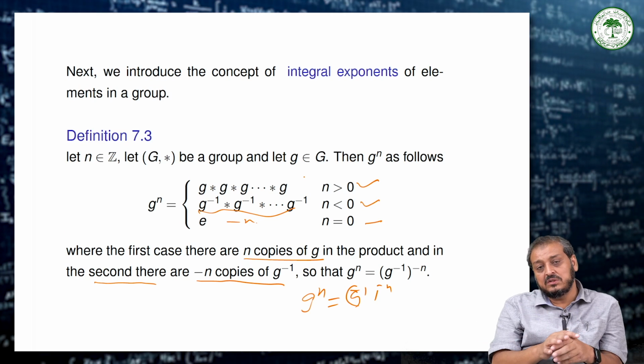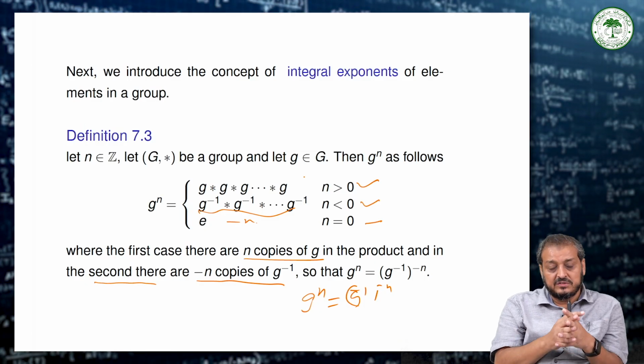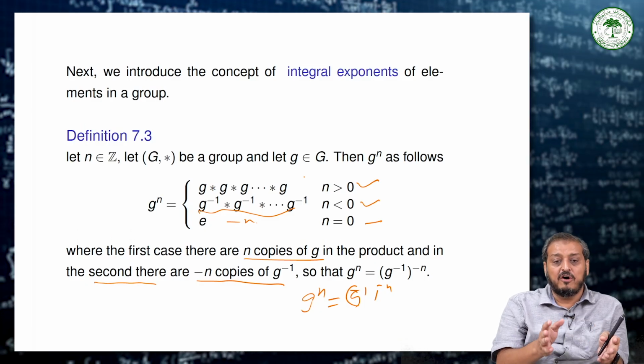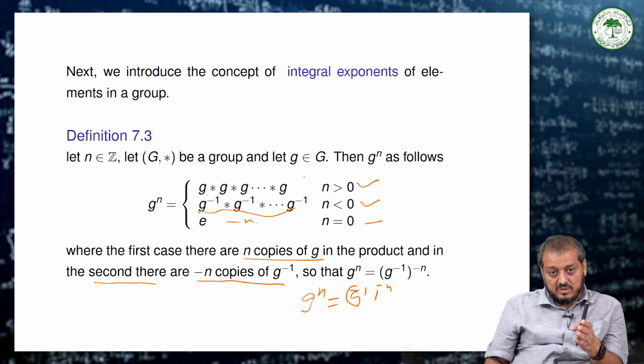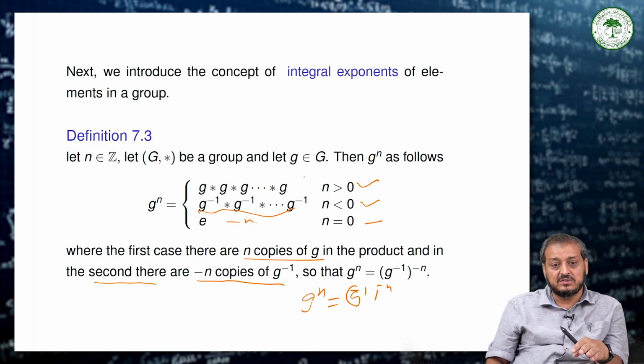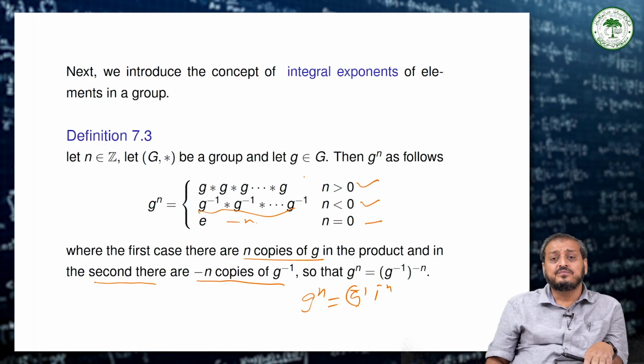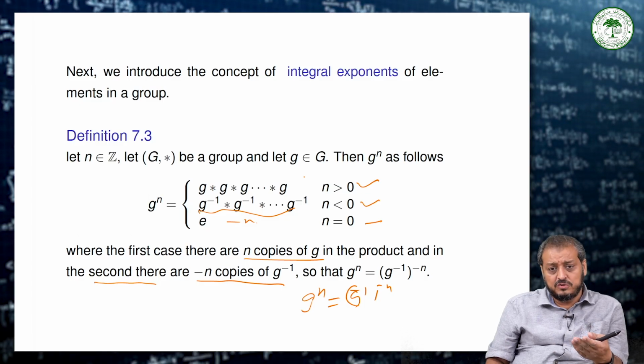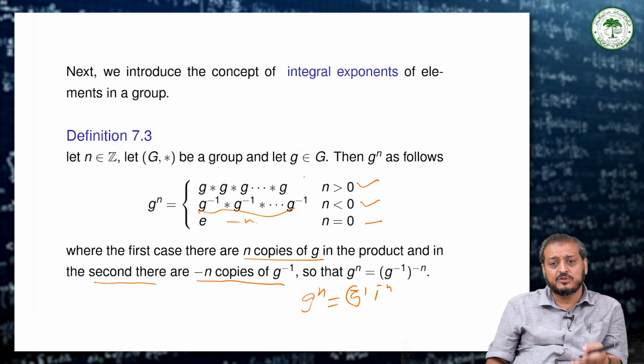So these are the minus n copies, and in the other case the n copies. This is how we represent g to the power n, and then we state a theorem regarding these integral exponents.